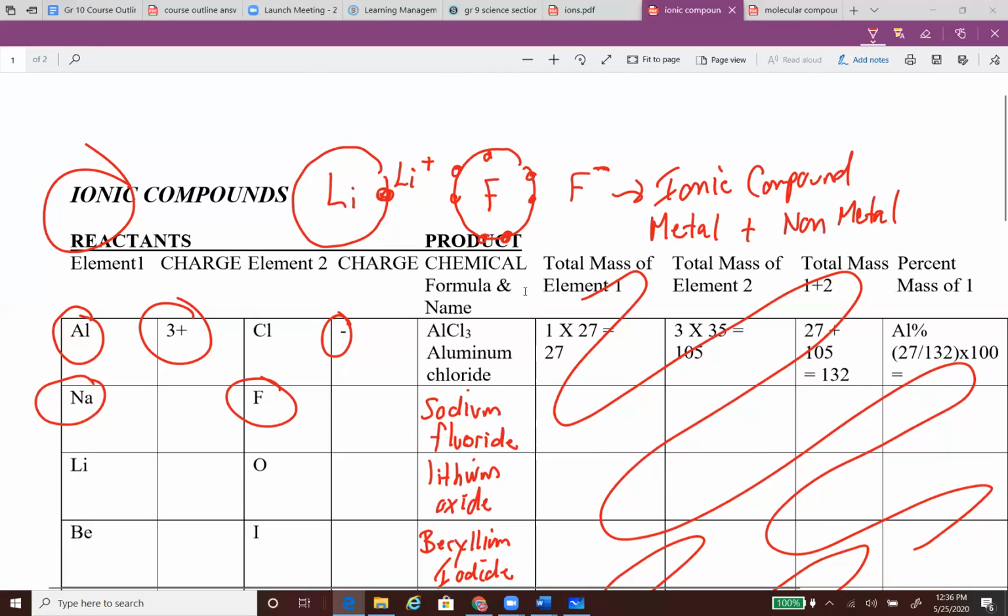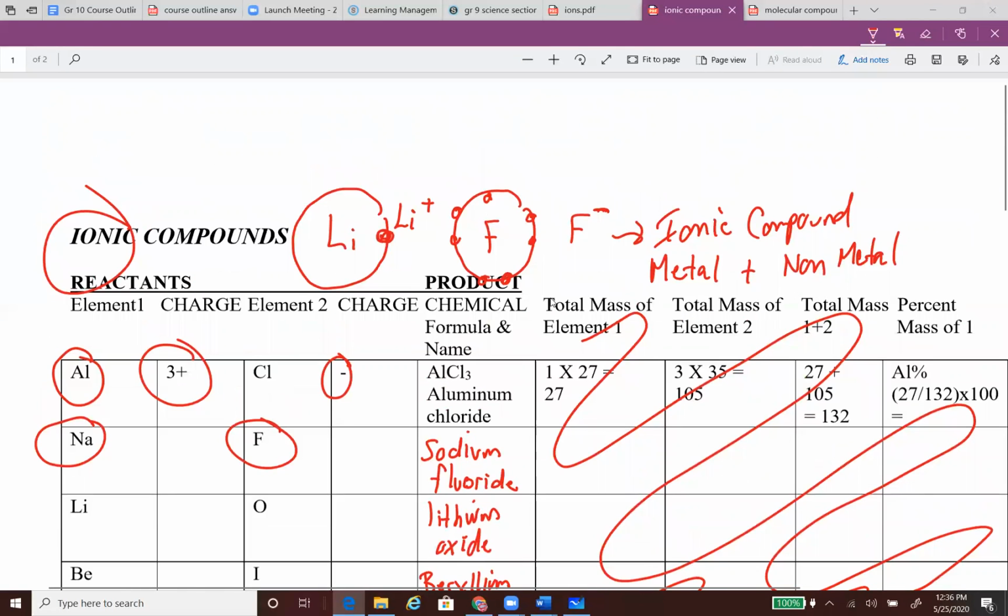We can determine the formulas based on their charges. It's really, really easy to do. We know lithium wants to lose 1 electron, and we know fluorine wants to gain 1 electron. So we just need 1 of each to form a compound.